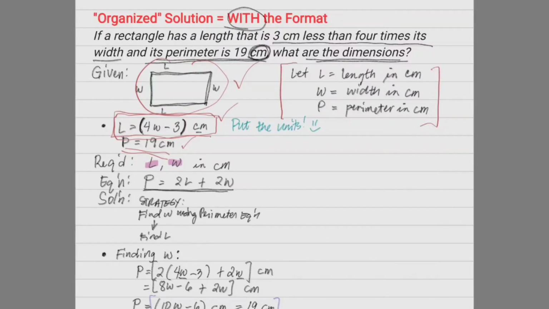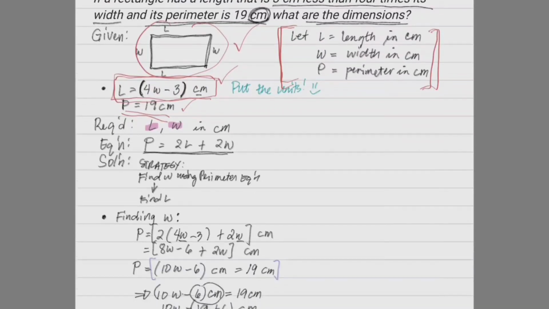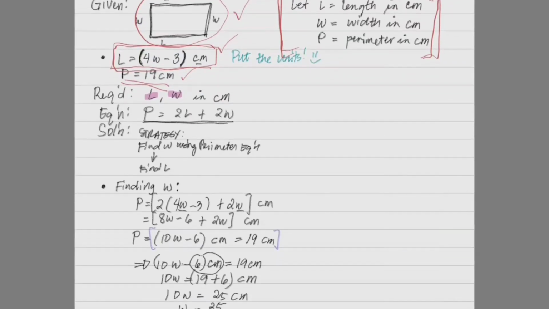Sometimes it will also be nice to put this so that your teachers will know what variables you use in this kind of word problem solution.